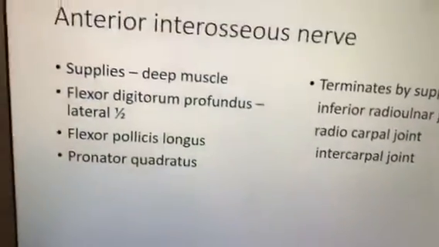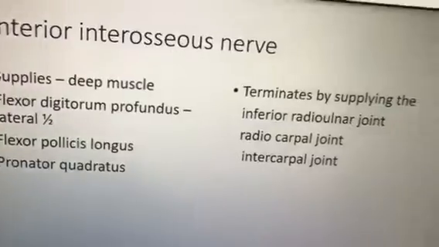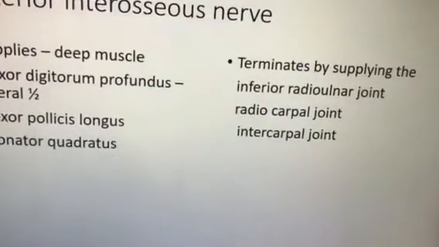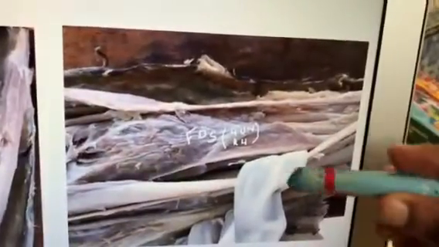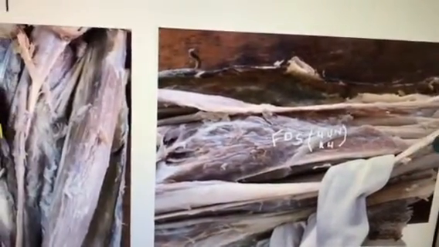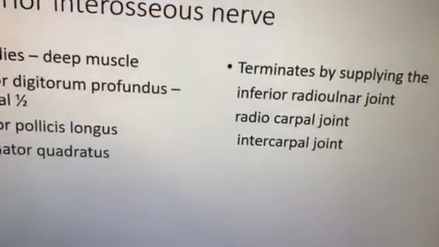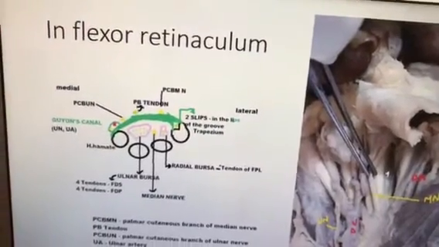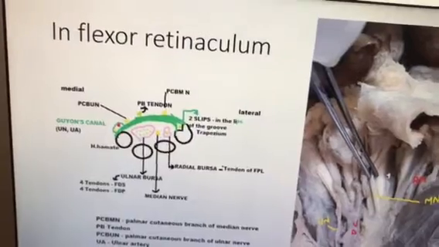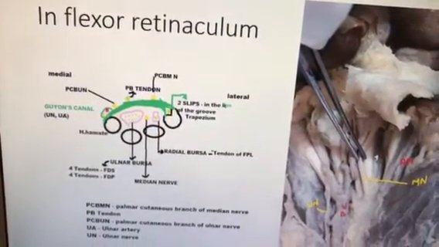The anterior interosseous nerve supplies only the deep muscles and terminates by supplying the inferior radioulnar joint, because it is present at the bottom, then the radiocarpal joint and intercarpal joints. Then the nerve lies over the flexor retinaculum, the lateral part of the flexor retinaculum.